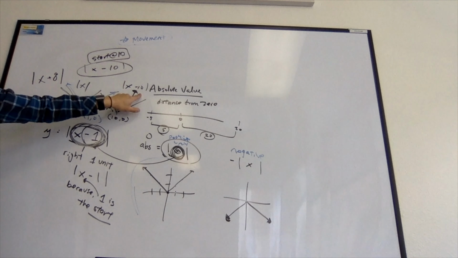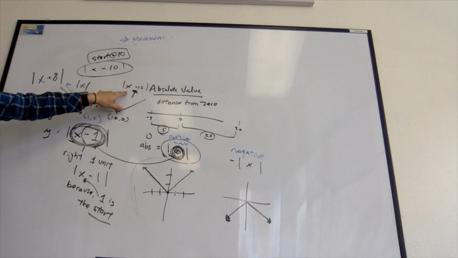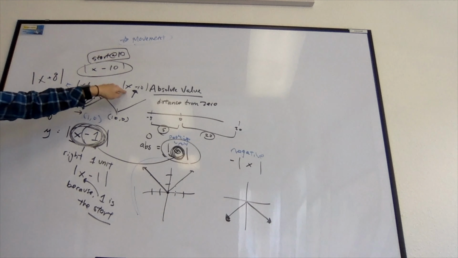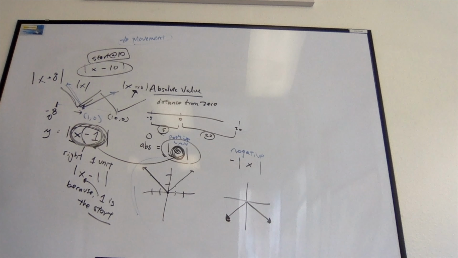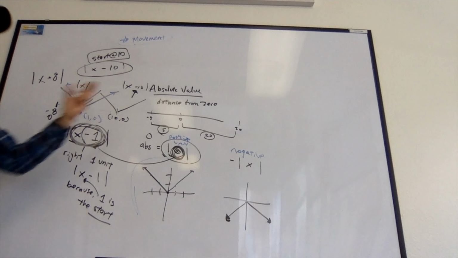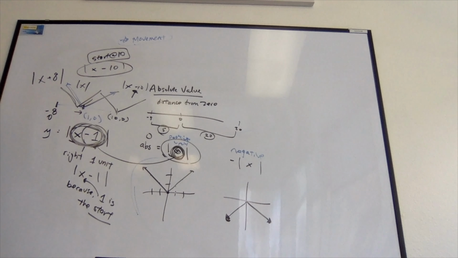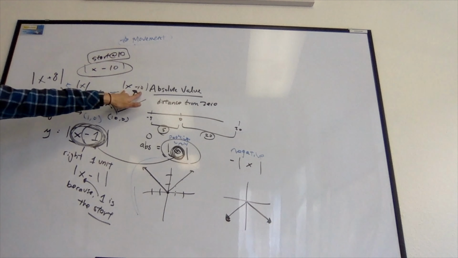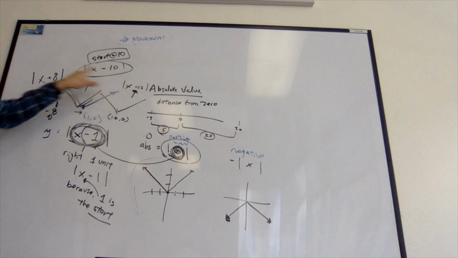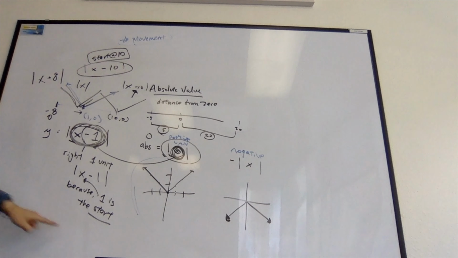X minus 10, 10 becomes the value that creates a 0. It's a space that is actually what is needed to make it a 0. So it's like the hole in here is a 10. That makes sense? So that's where we start. Cool?